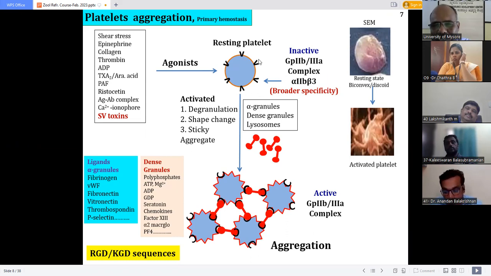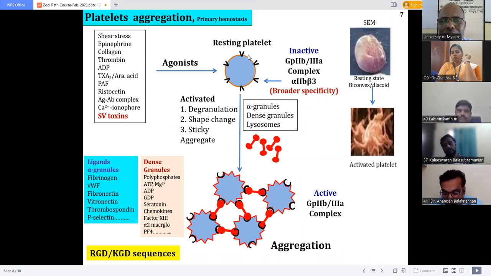But once platelets are activated, they undergo shape change, and the receptor also undergoes conformational change. Now the conformationally altered receptor can bind the ligand. Here, this red dumbbell-shaped structure is fibrinogen. Even von Willebrand factor will cross-link the platelets. The major cross-linker is fibrinogen. So cross-linking takes place like this, resulting in platelet aggregation.